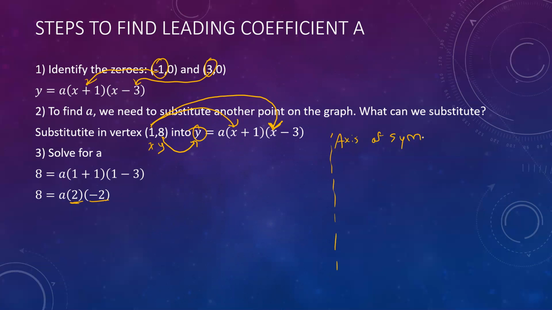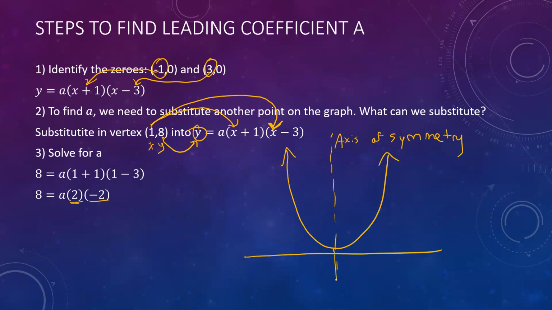I hope this kind of makes sense. The axis of symmetry is a line going halfway between the zeros. So it cuts in half there. So if these are my, actually, that's a bad graph. Let's do it over here.